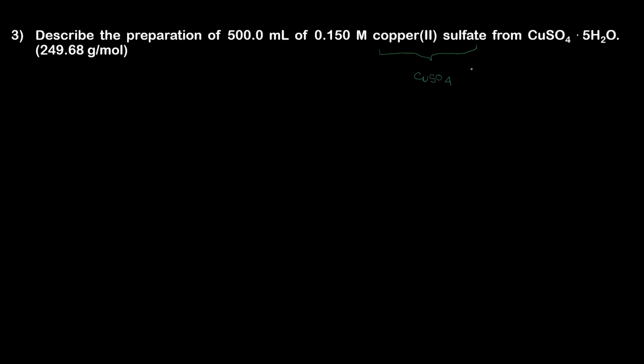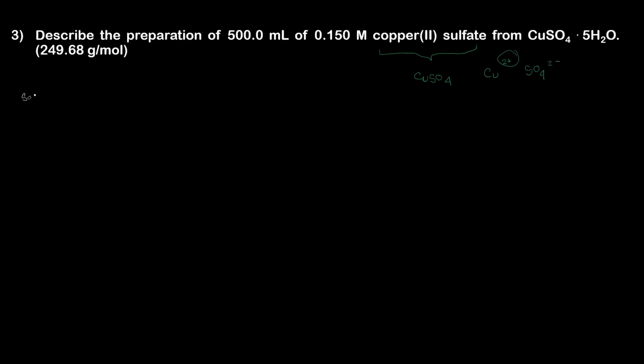The Cu is actually Cu2+ and SO4 2−, where the 2+ is the charge of the copper. This can be explained in chemical compound naming, but in this video, let's focus on the preparation.